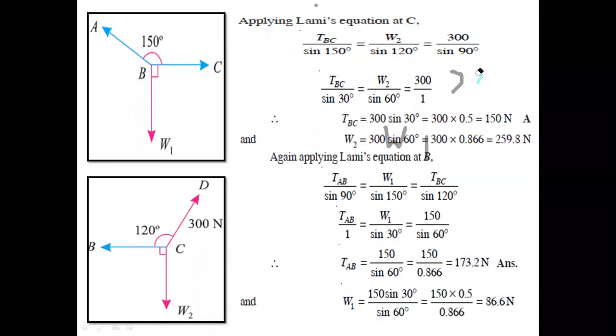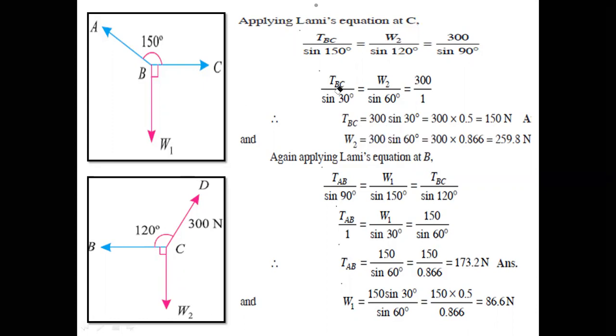Here, by applying Lami's theorem to both B and C, we get TBC by sine of 150 degrees, which is equal to W2 by sine of 120 degrees, which is equal to 300 by sine of 90 degrees.